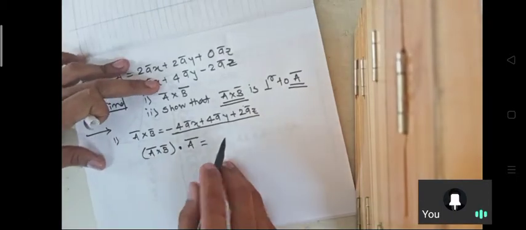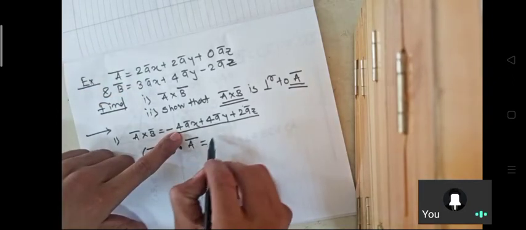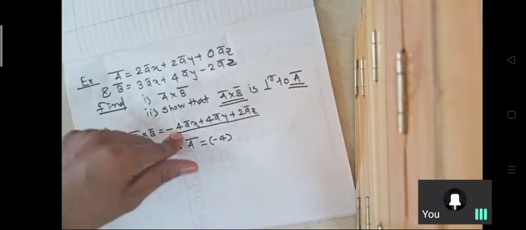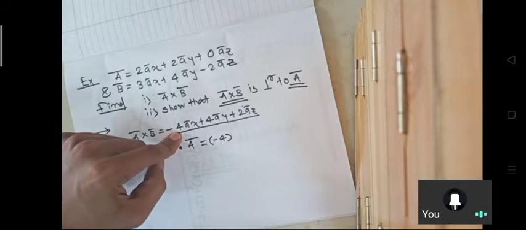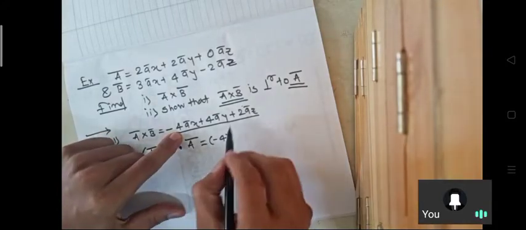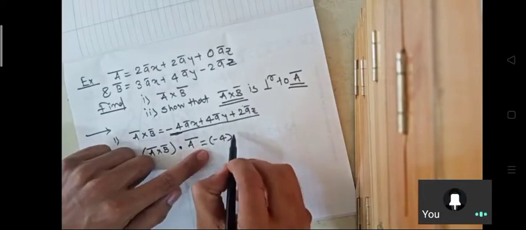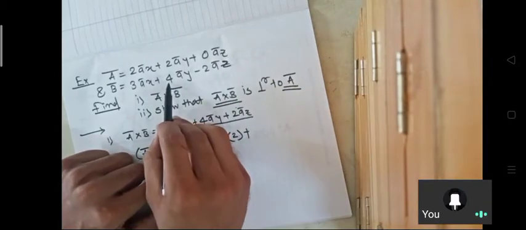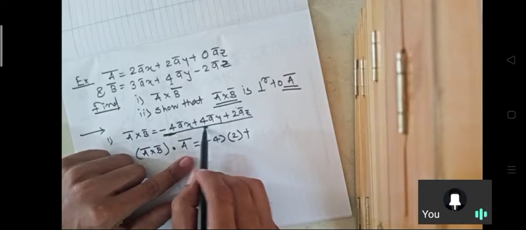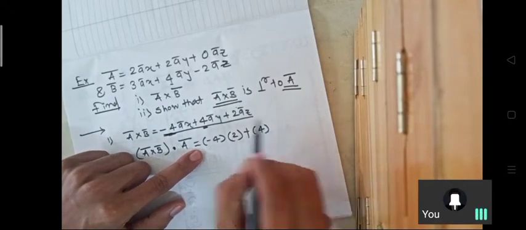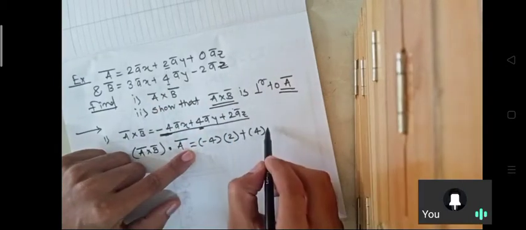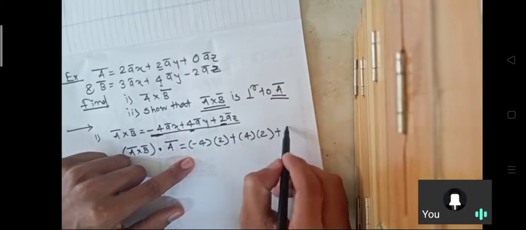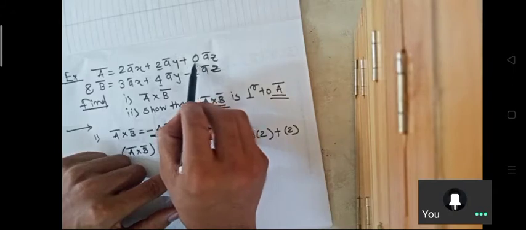So this is equal to, yes, minus 4. We have the formula ax bx plus ay by plus az bz, right? So using that formula, what can we write? The coefficient of this is -4 multiplied by the x coefficient of a bar, which is 2, plus the coefficient of this is 4 multiplied by the y coefficient of a bar, which is 2, plus the z coefficient 2 multiplied by the z coefficient of a bar, which is 0.